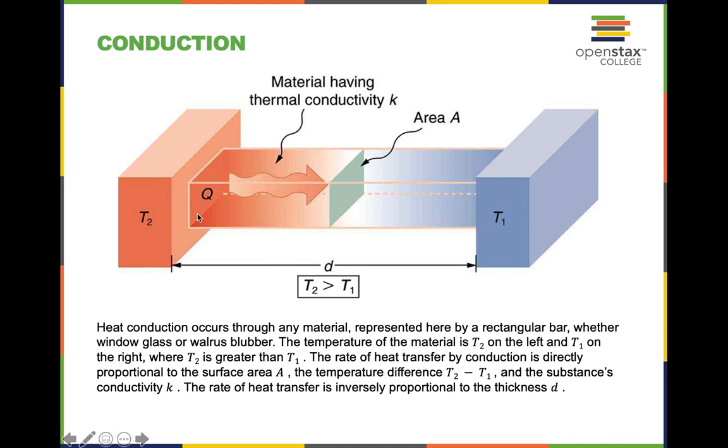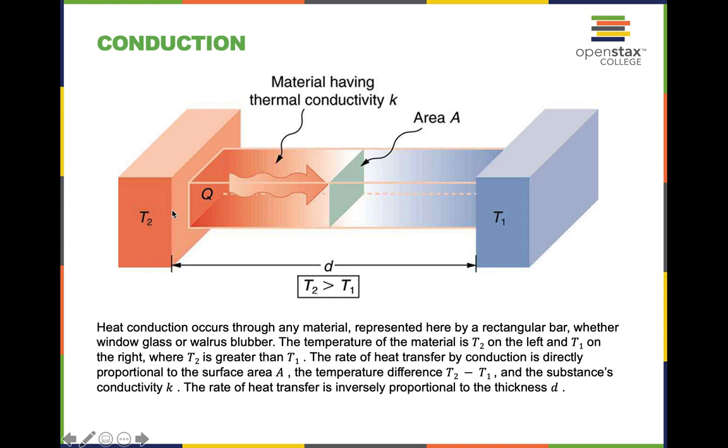So again, here's a hotter surface over here and a colder surface over here. So heat conduction occurs to any material represented here by a rectangular bar, whether window glass or walrus blubber. The temperature of the material is T2 over here on the left and T1 on the right, where T2 is greater than T1.